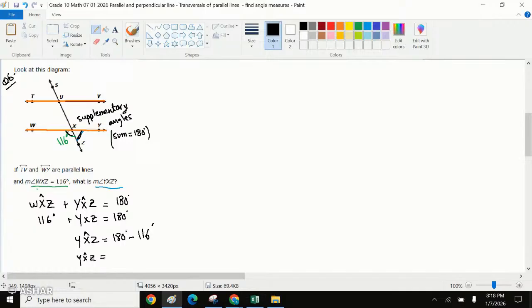180 minus 110, you're left with 70, right? And 70 minus the remaining 6 is 64. So we know that now this angle would be 64, because the sum of these two angles should be 180, because these two angles are supplementary angles.